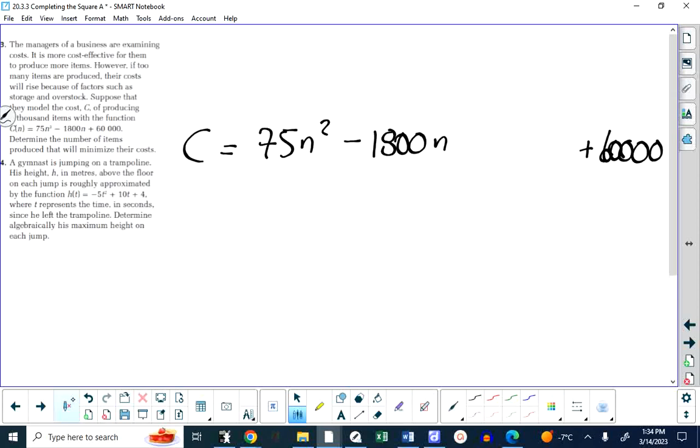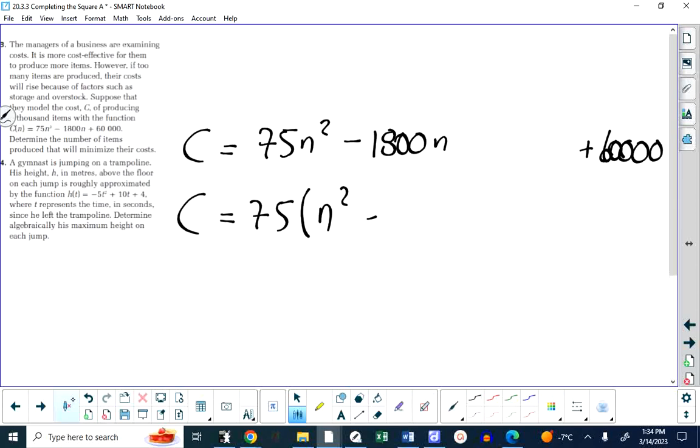What do we have to do here before we add a number? Nate. Good. C equals 75 n squared minus 150, 300? No, it's not 300. 24?